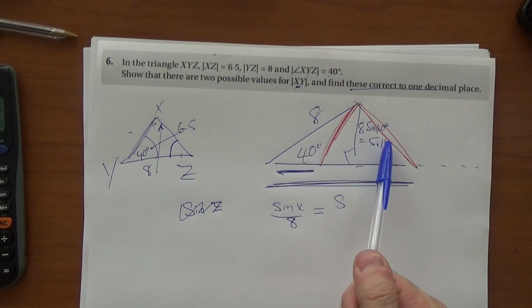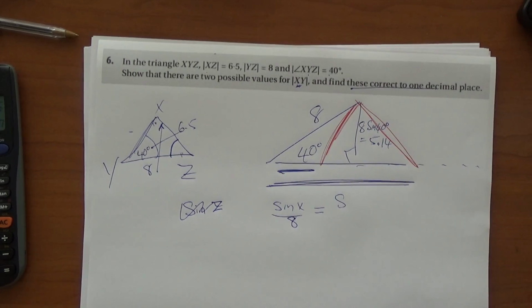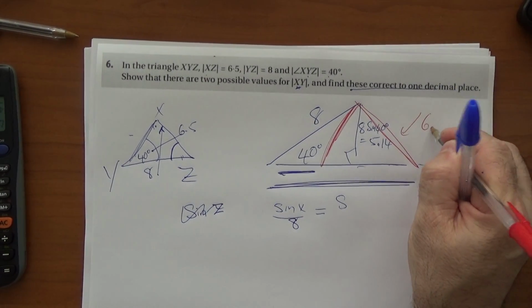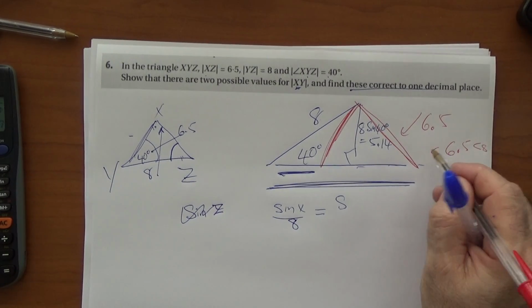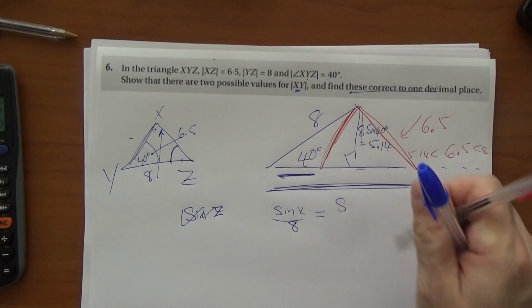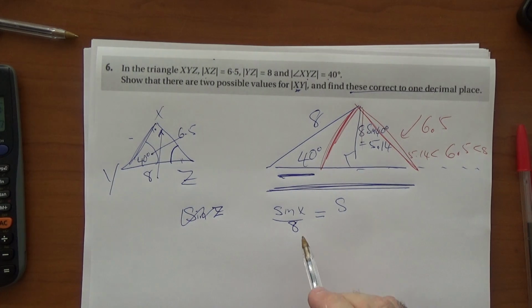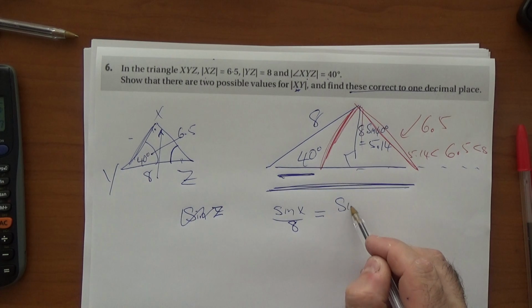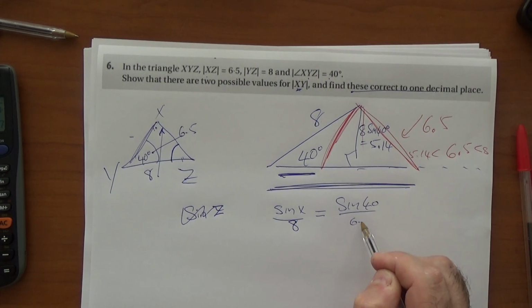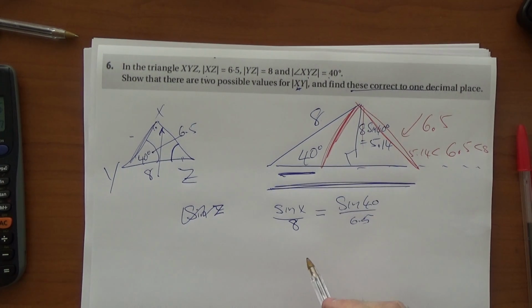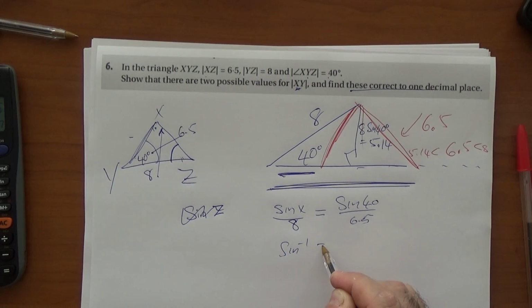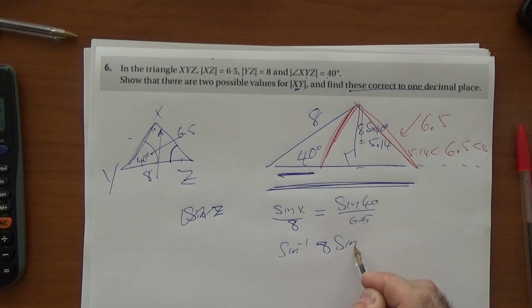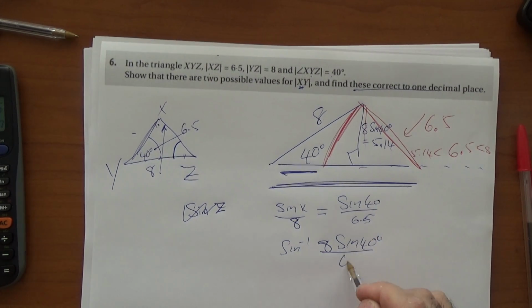Because again, 6.5 is the red length here, and that 6.5 is sandwiched in between 8 and 5.14, the altitude. That's cool. So we've got sine of x over 8 equals sine of 40 over 6.5, giving us an inverse sine of 8 sine 40 degrees over 6.5.